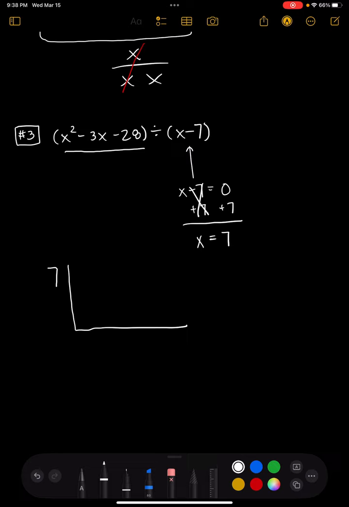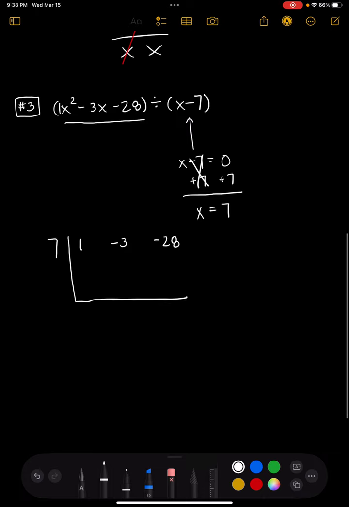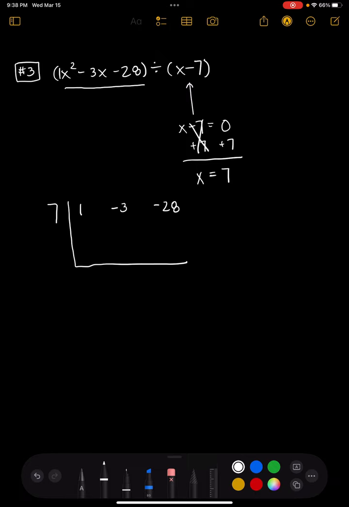Now, this x squared in front doesn't have a number in front, but when it doesn't have a number in front, there's a 1. And so we're going to put 1, and then -3, and -28. Those are all of the coefficients, or the numbers in front of our x's. You need to make sure that you keep the signs with them. So this right here is just the setup, and that's half the battle. Now we can actually divide. So to divide, we're going to drop the first number.